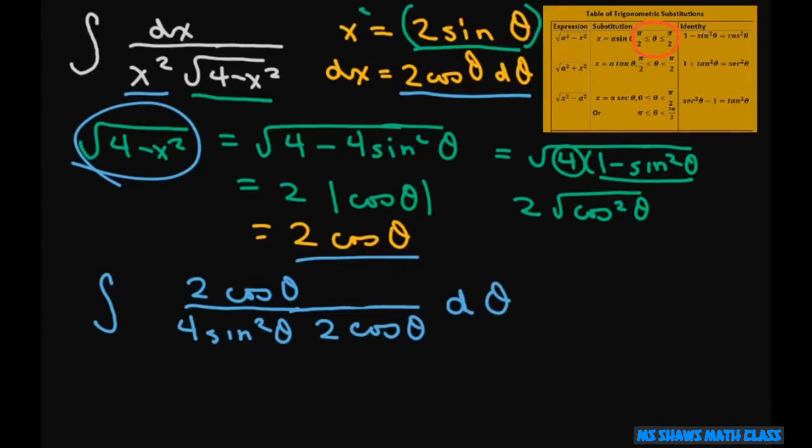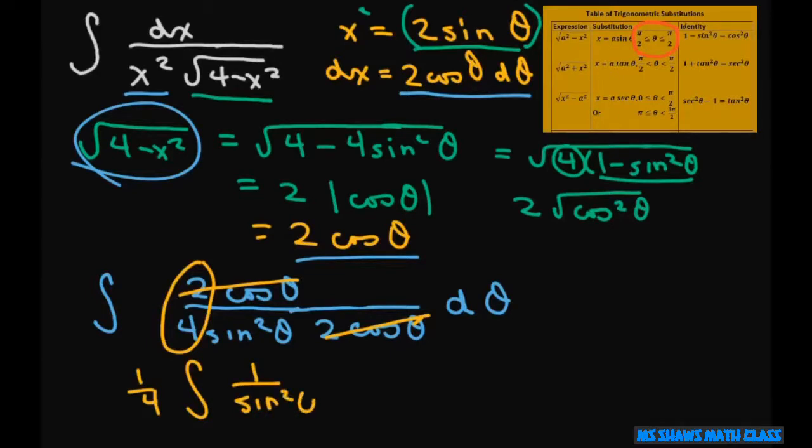All right. Now, simplifying that, we're going to get 1/4. These two cancel, so we get 1/4, and then we're going to have 1 divided by sine squared theta, and that's going to equal 1/4 times the integral of cosecant squared theta d theta.